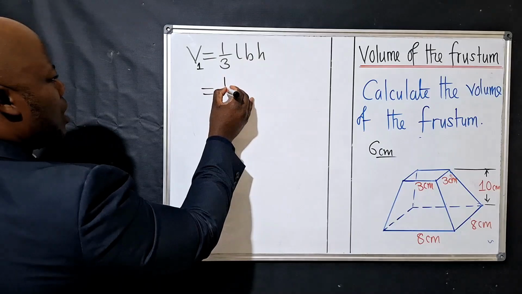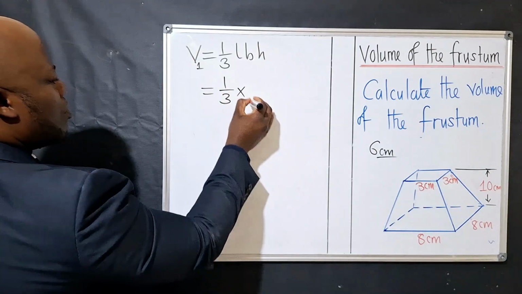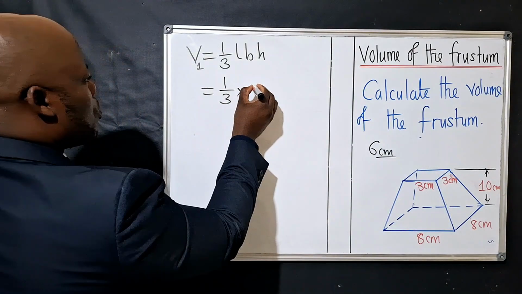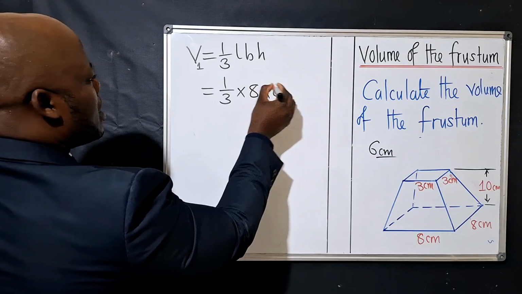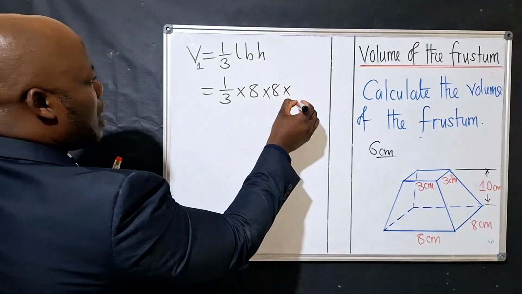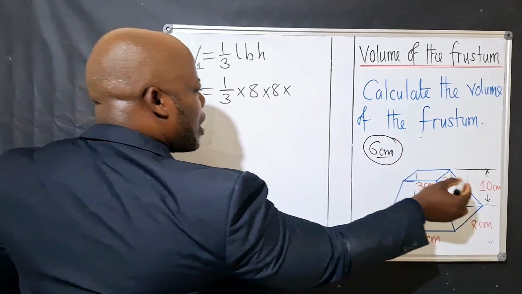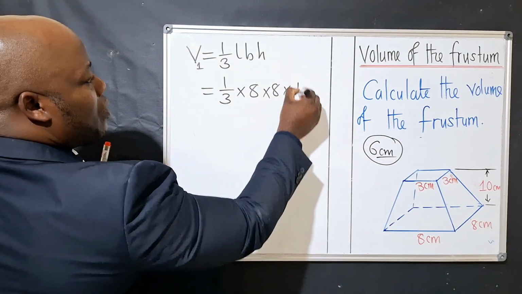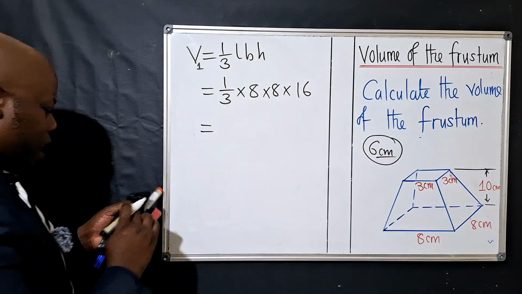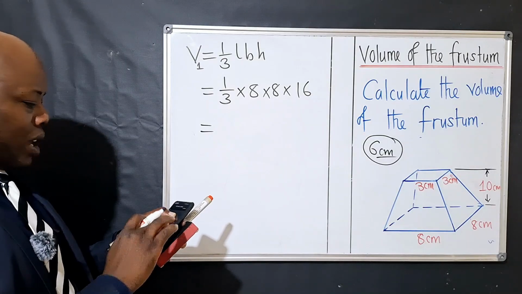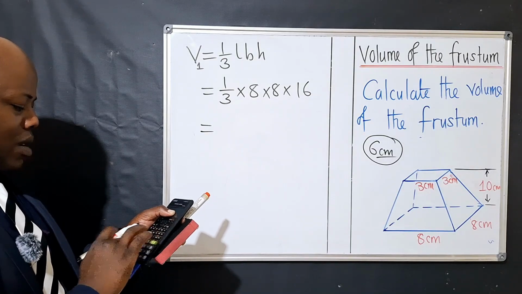So volume 1 will be like this, times our L here, it will be 8 times 8. And then here, the height, we just get this plus the height that we have, it will give us a 16. We now multiply 8 times 8 times 16.